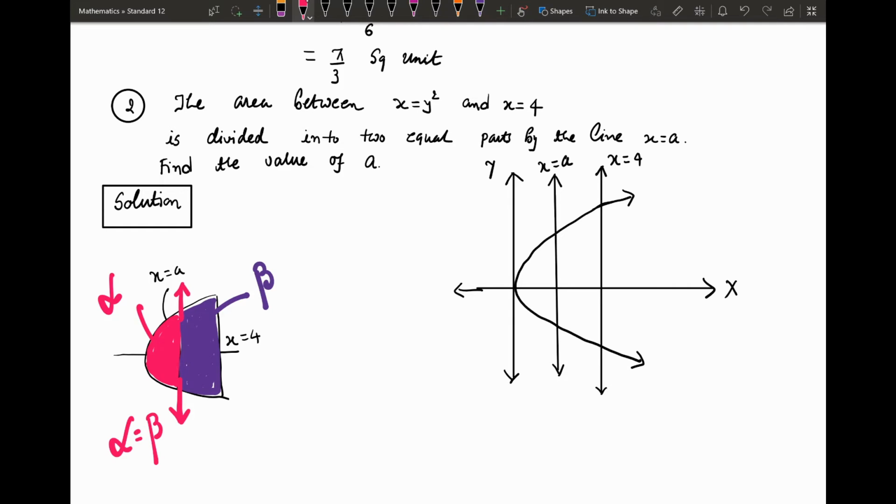So we have two equal portions, but since the curve is symmetric about the x axis, we will only compare the equal portions lying in the first quadrant.